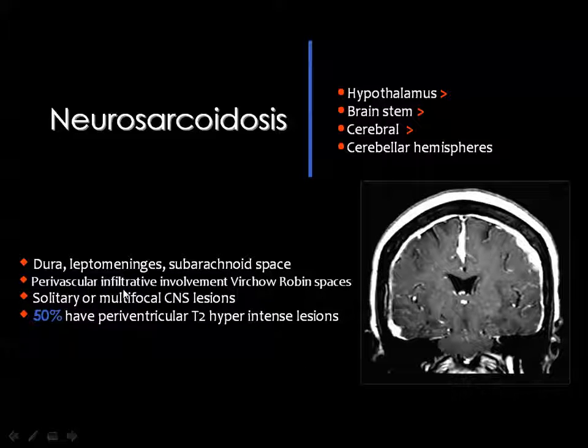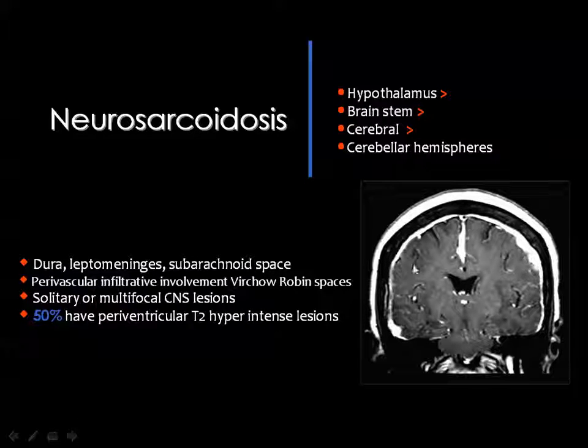Also, perivascular infiltrative involvement of the Virchow-Robin spaces is one of the criteria of neurosarcoid. Solitary or multifocal lesions, which are dural based, may simulate meningiomas in some cases, and you can see some T2 hyperintense lesions in the periventricular area, as I will show to you.